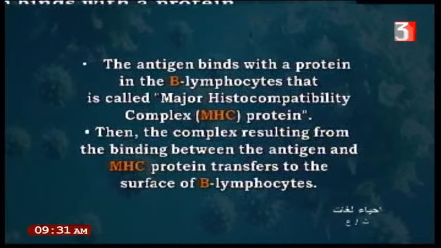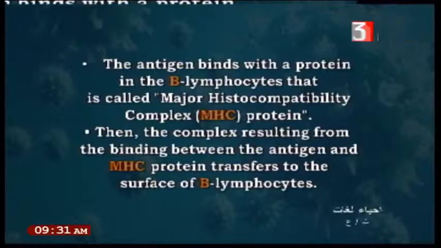The antigen binds with a protein in the B lymphocyte called the major histocompatibility complex, known as MHC. This complex, resulting from binding between the antigen and the protein, is transferred to the surface of the B lymphocyte.